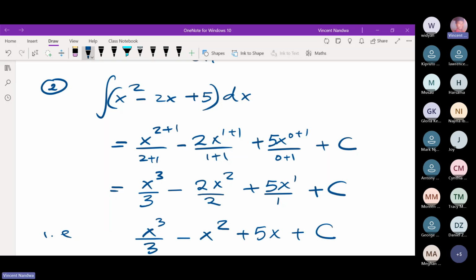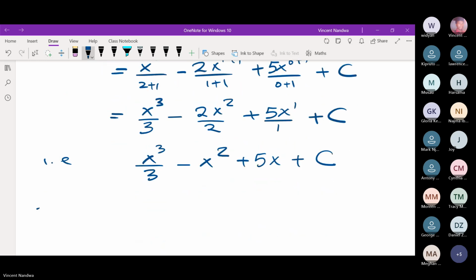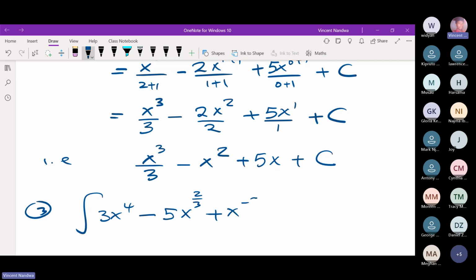Then I want you to try this. The integral of 3x power 4 minus 5x power 2 over 3 plus x raised to power minus 3 dx.